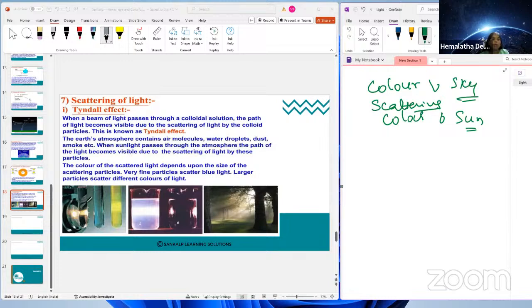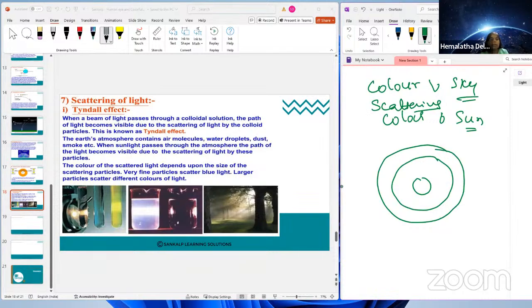Again, I have to draw the Earth with the atmosphere. This is Earth and it is surrounded by atmosphere. In the Earth's atmosphere, air molecules will be there. These air molecules will scatter the entered white light.